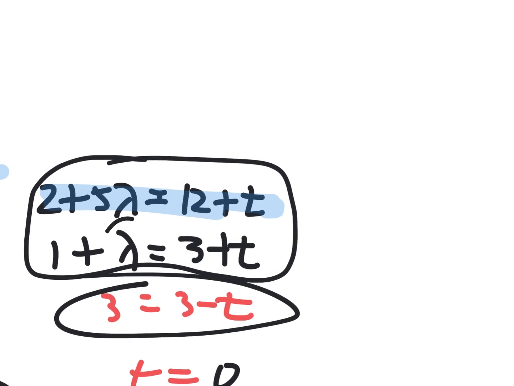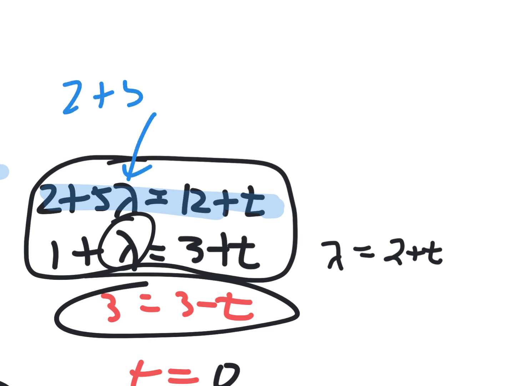So I'm going to solve this for lambda, and subtracting 1 from both sides, lambda will be 2 plus t, and then wherever I see a lambda in this equation, I can put a 2 plus t. So I go 2 plus 5 times 2 plus t equals 12 plus t.